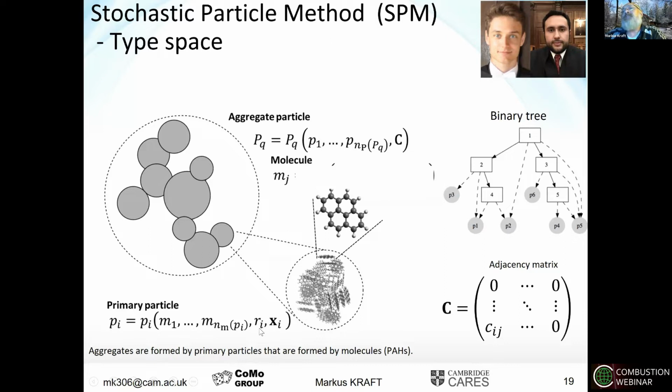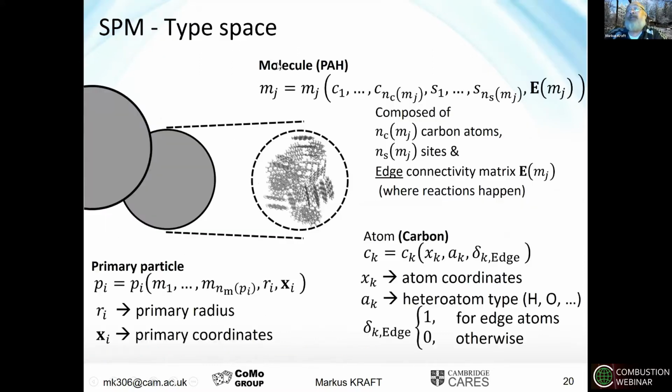It has a position, it has a radius, and then these molecules are composed of a list of carbon atoms, of functional sites, a connectivity list that lists the carbons that are on the outside of the PAH.